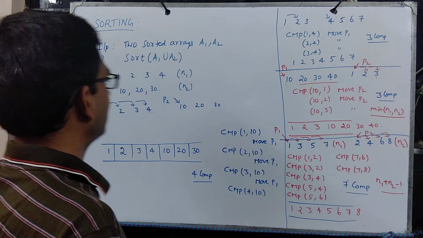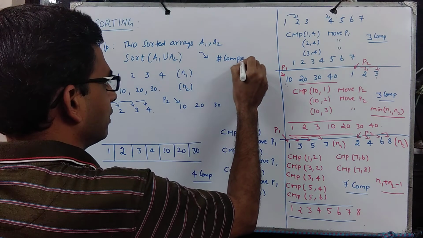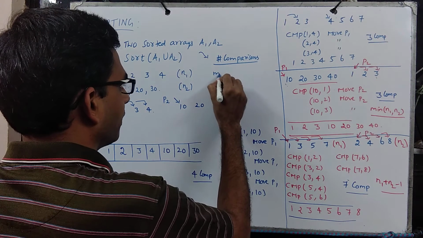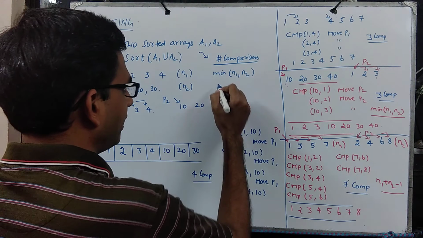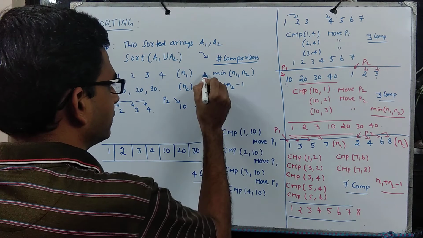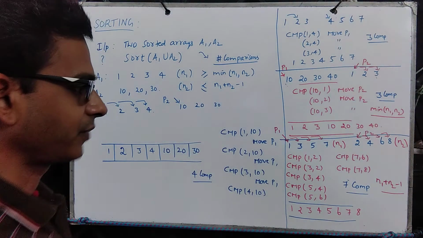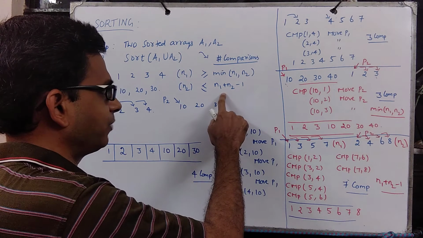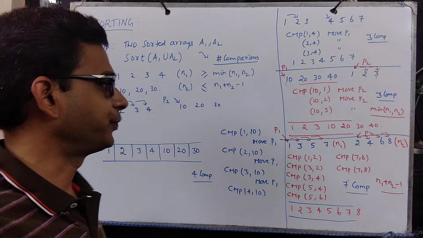So that shows that number of comparisons is between min of N1 comma N2 and N1 plus N2 minus 1. So it is at least this number and at most this number, and it is tight. For example, here is an example for which it is precisely N1 plus N2 minus 1. Here is an example for which it is min of N1 comma N2.